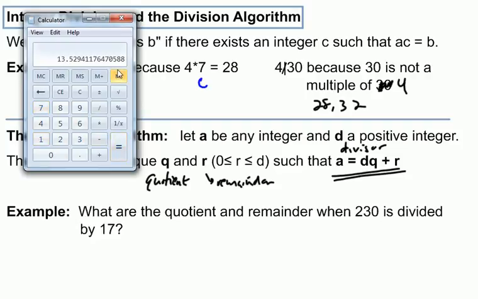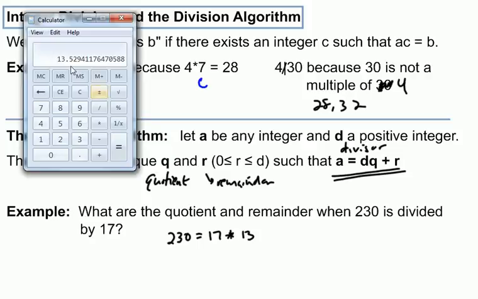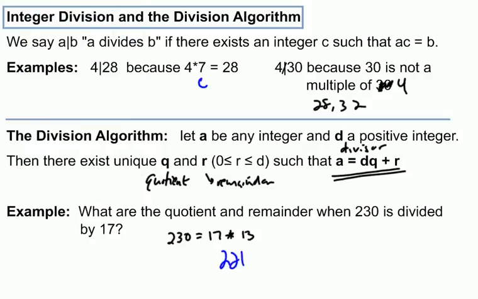All we really care about is that 230 equals 17 times 13. That's the whole number quotient here, the 13. And if we do 13 times 17, that'll give us 221. So we would have to add another 9 to get up to 230.